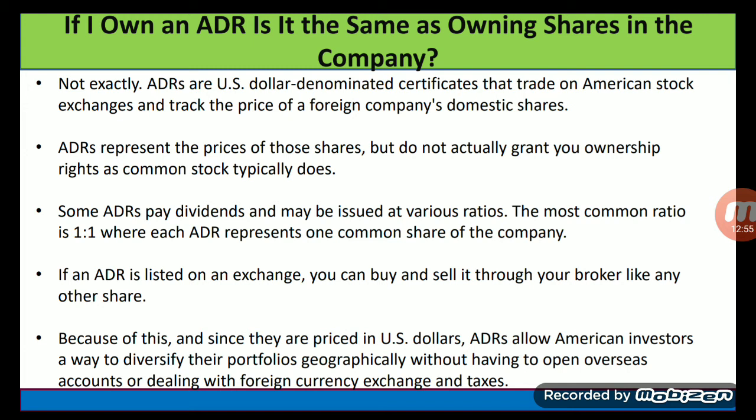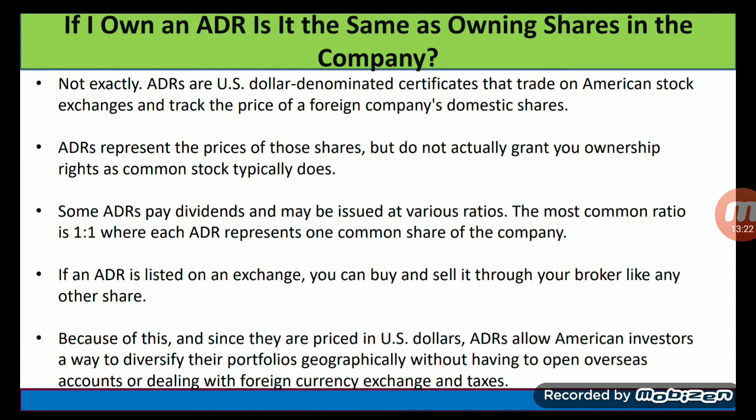Second thing is, some ADRs pay dividends and may be issued at various ratios. The most common ratio is 1:1, where each ADR represents one common share of the company. If an ADR is listed on a stock exchange, you can buy and sell it through your broker like any other shares.